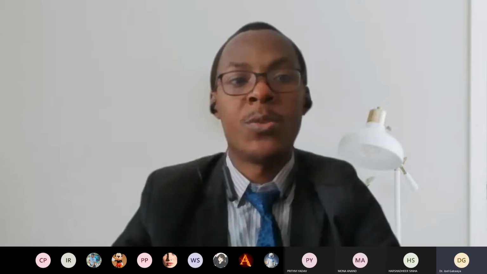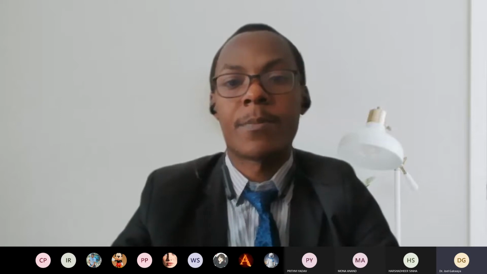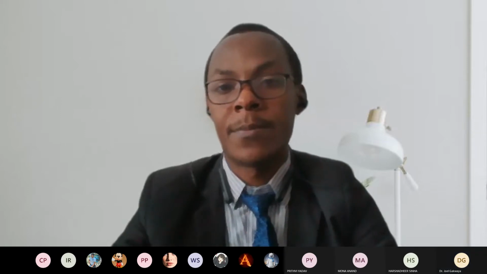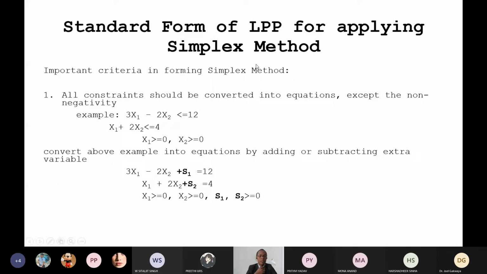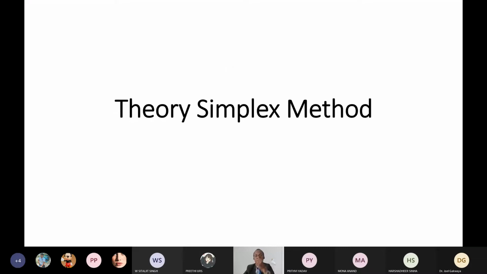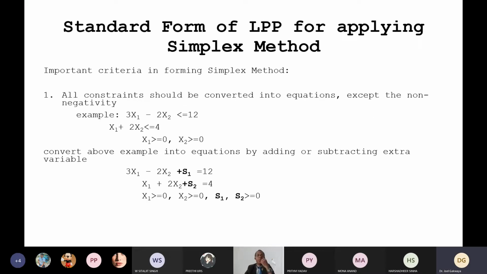So let me share with you the important points here. Theory of simplex method. These are the standard form of an LPP for applying the simplex method.